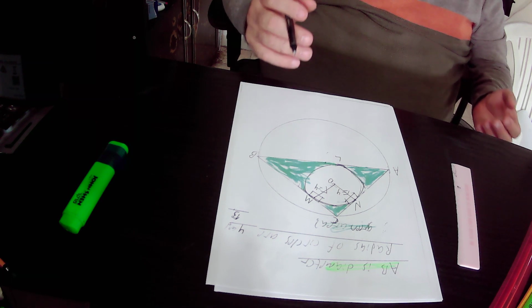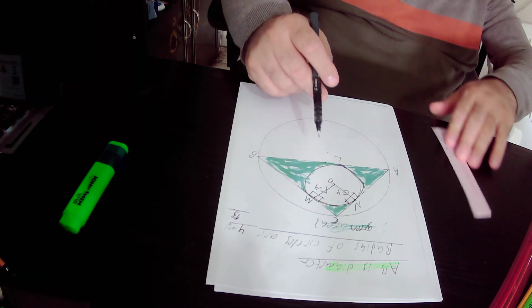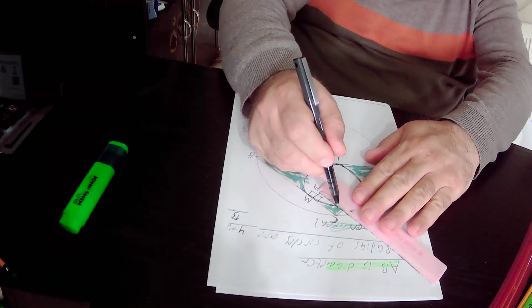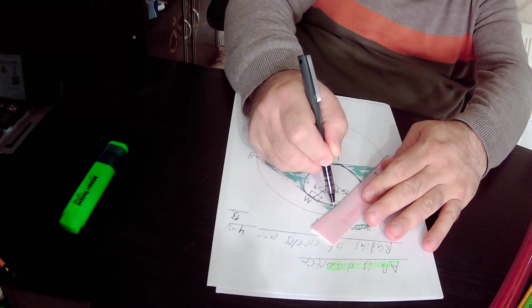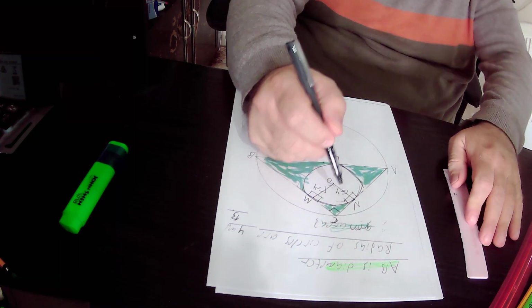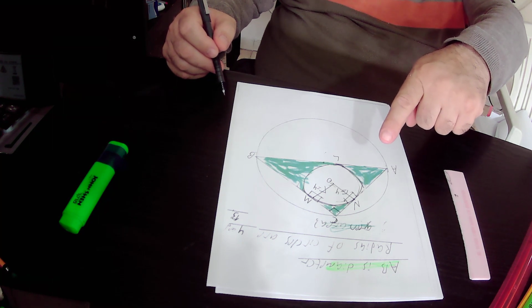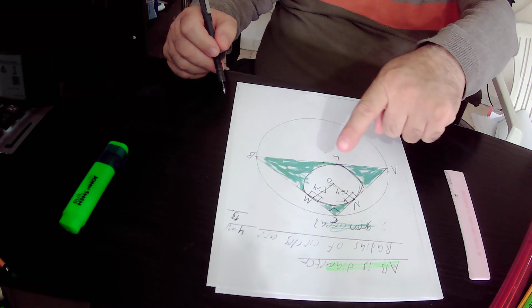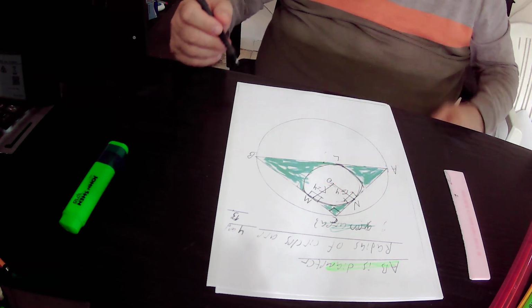Therefore, according to the rule that I mentioned, the peripheral angle ACB equals 90 degrees. It is a right angle. So actually, in quadrilateral ONCM, we have 3 right angles.